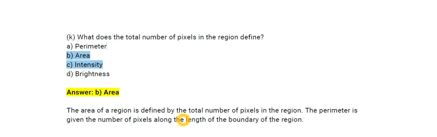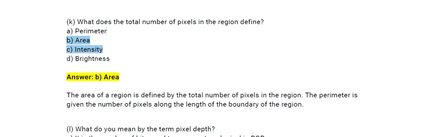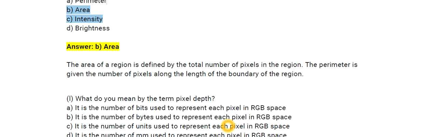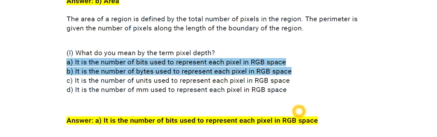That is just the same as the concept we have in a circle, area of a circle, perimeter of a circle. Then next question, what do you mean by the term pixel depth? Do remember that it is the number of bits used to represent every pixel in RGB space. So option A is the correct answer.